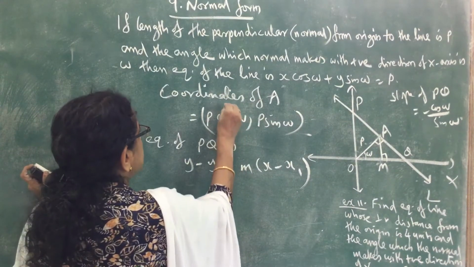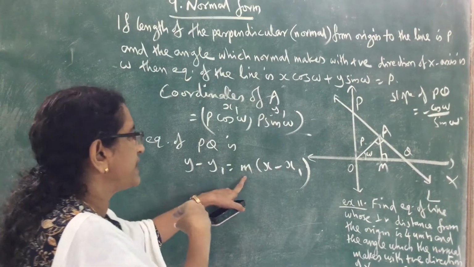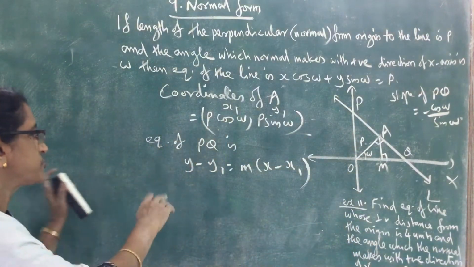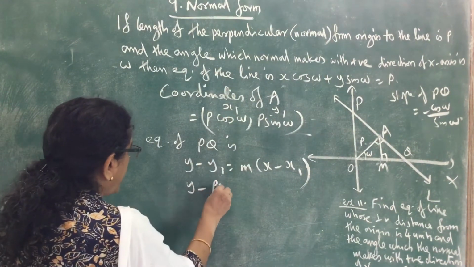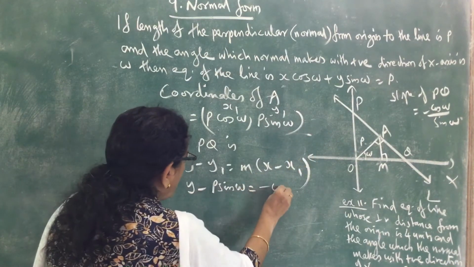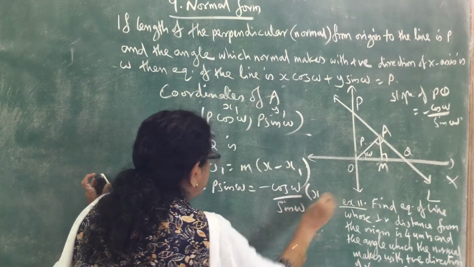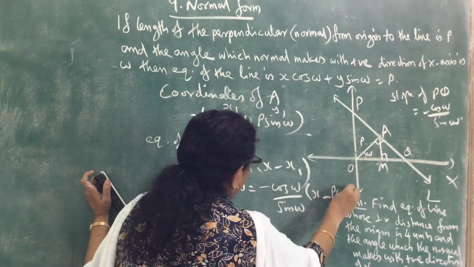We take this point as x1, y1, and the slope m is minus cos omega by sin omega. So y minus y1, that is P sin omega, equal to m, slope minus cos omega divided by sin omega, into x minus x1, x1 is P cos omega.